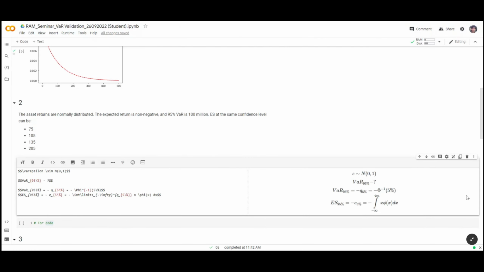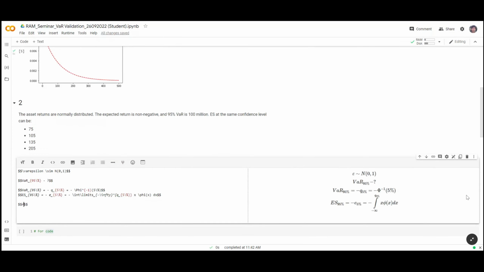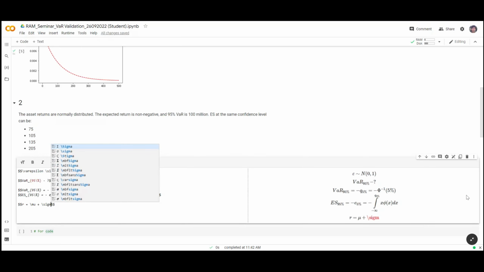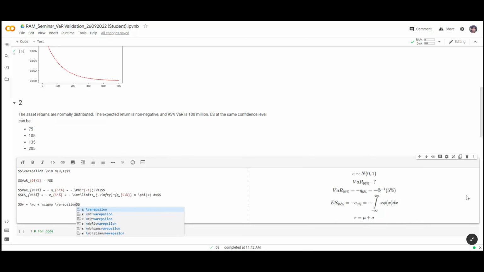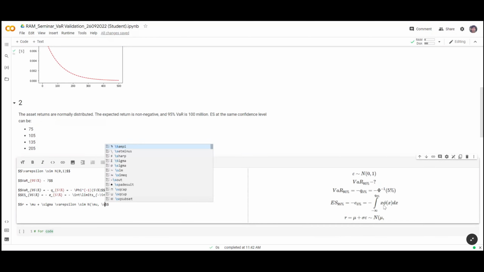Now, if I consider a general normal distribution, represented by this linear transformation, this distribution is now some normal distribution with parameters mu and sigma.